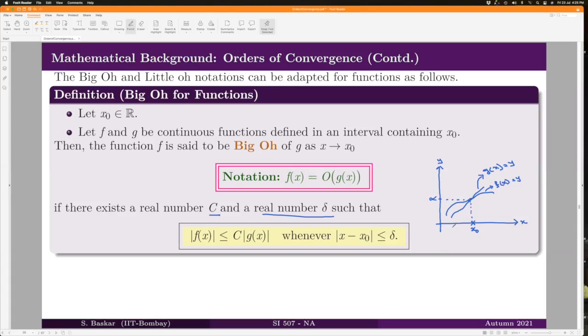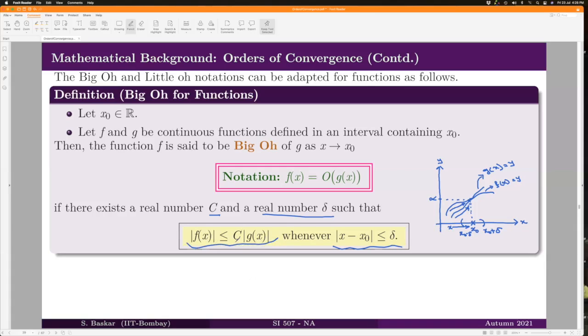So you take x tending to x0 and see how f tends to alpha and g tends to alpha. This means that you sit in a small interval x0 minus delta to x0 plus delta and see whether this inequality is satisfied. I leave it to you to understand what it means.